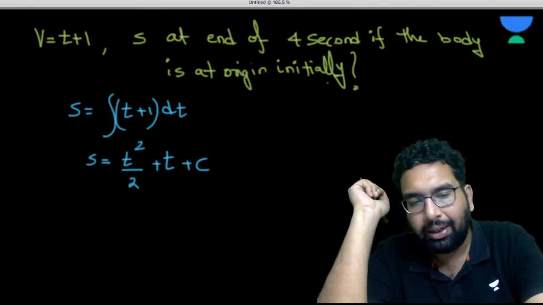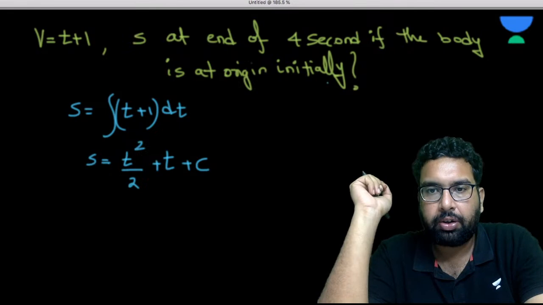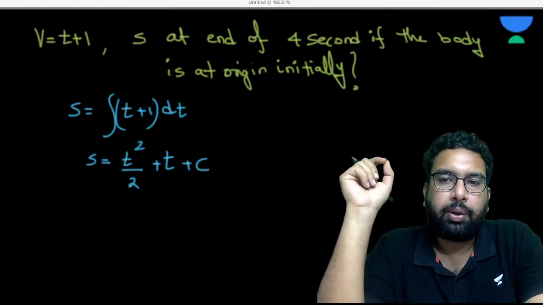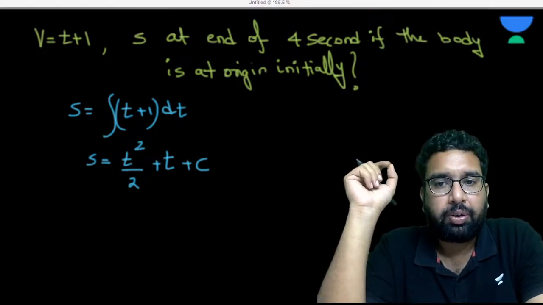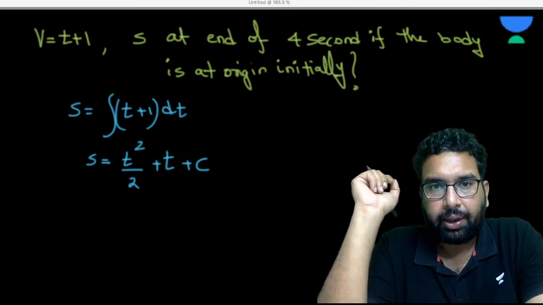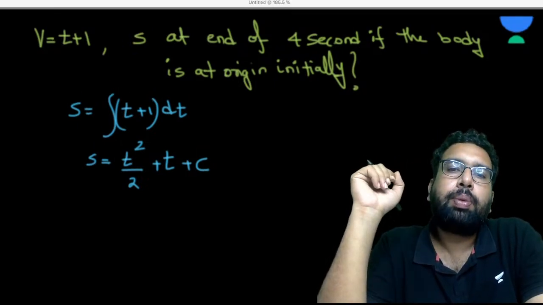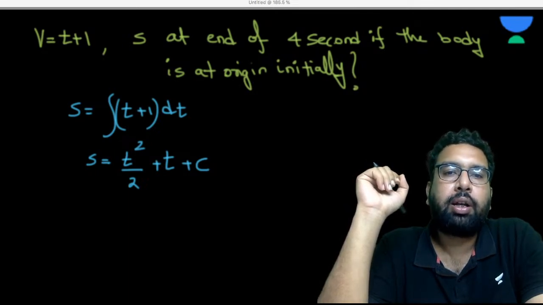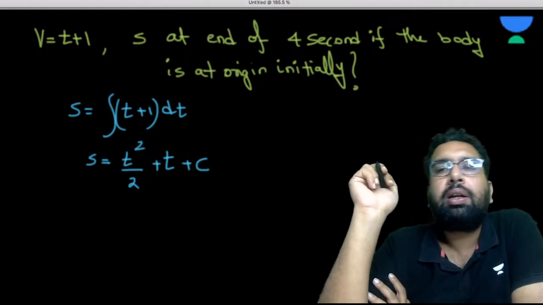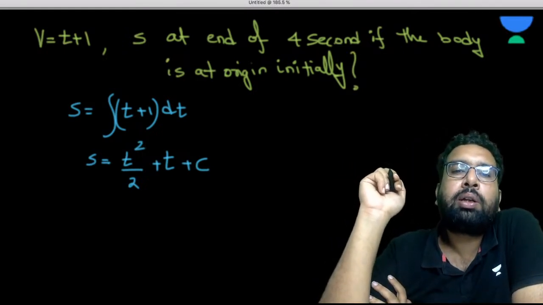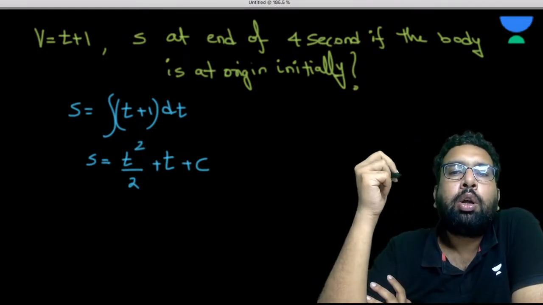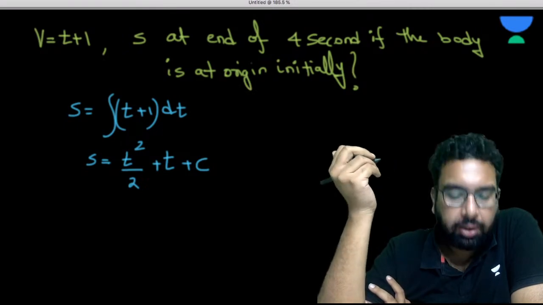To find the value of the constant of integration, you need to use the information given in the question. Like for example, in this question, it is given that we want the displacement at the end of the 4th second, if the body is at origin initially.